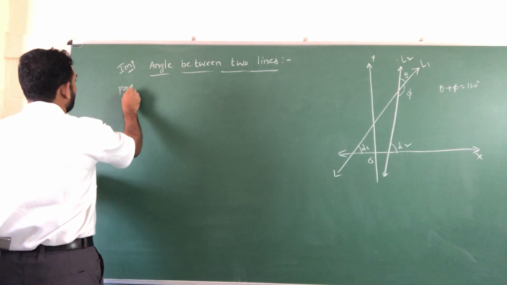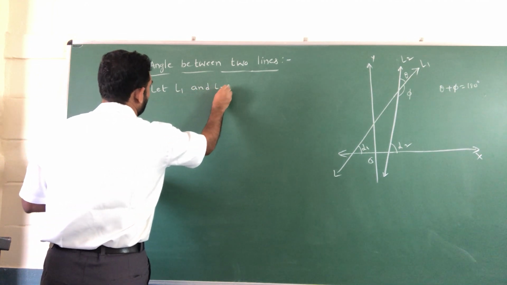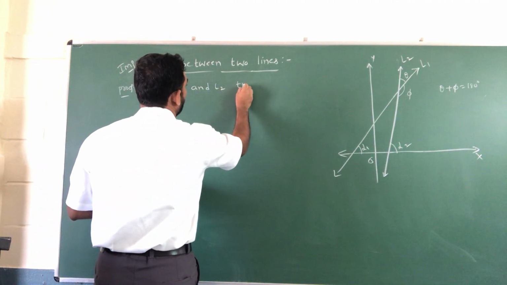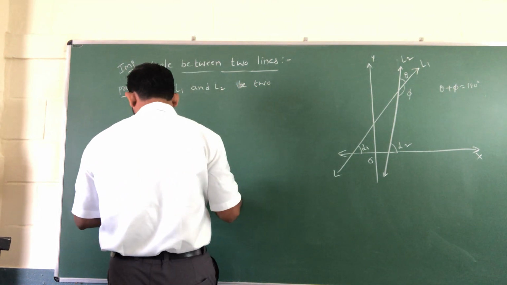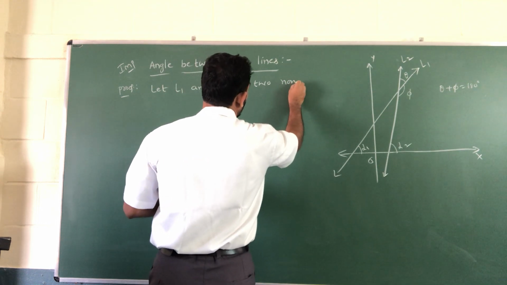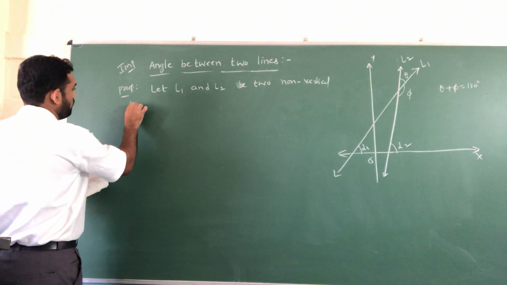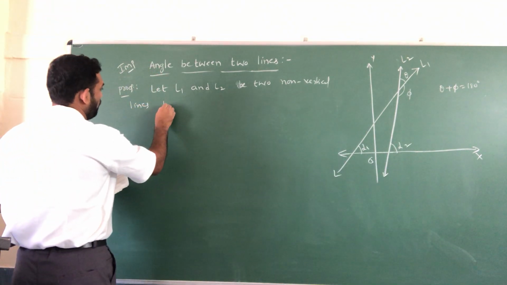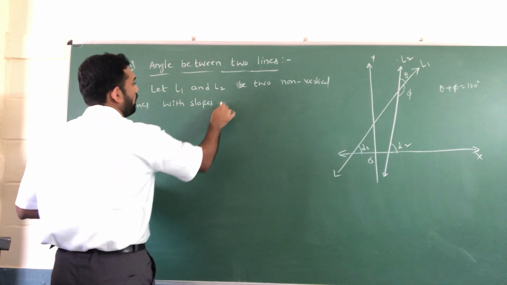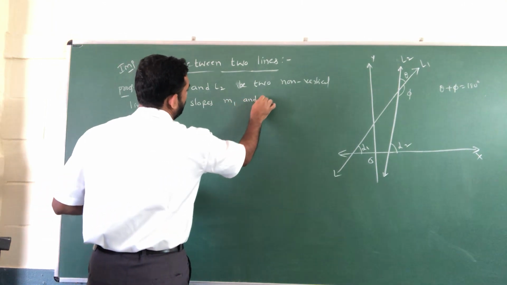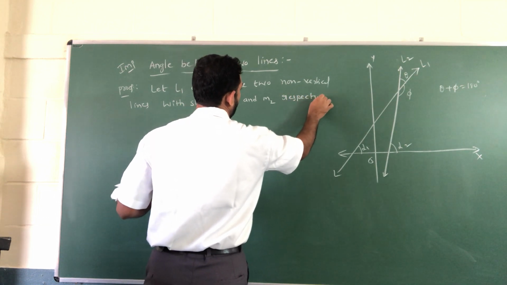Proof of this one: let L1 and L2 be two non-vertical lines with slopes m1 and m2 respectively.